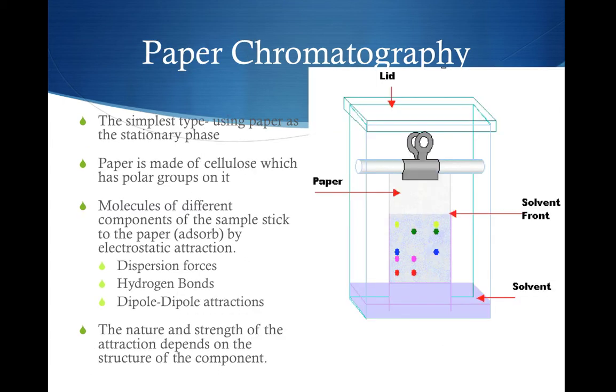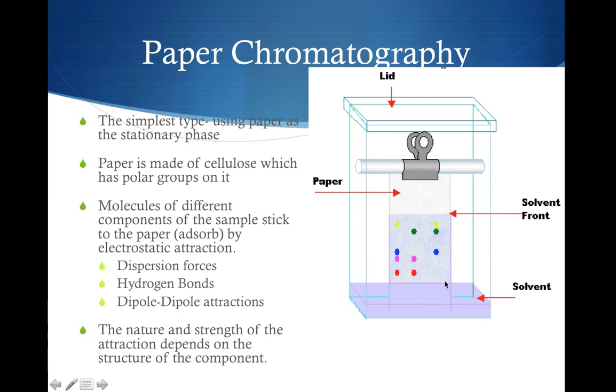The simplest type of chromatography that you'll have done before is paper chromatography. Your paper is your stationary phase. It's made of cellulose, which has got polar groups on it. If we try and separate something like pen ink, then those which are very polar are going to attract very strongly to the stationary phase, stick to the paper quite strongly by dipole-dipole attraction or by hydrogen bonds.